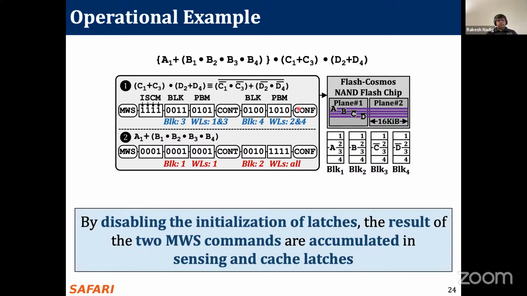You can treat it as, let's say, like how in Parabit we can perform an additional sensing operation, and then the result would get accumulated on top of the existing data, right? So you can think of something like that. You would already have some data in the sensing latch, and when you perform these MWS operations, the data in the sensing latch also becomes an operand for the next stage of the MWS operation.